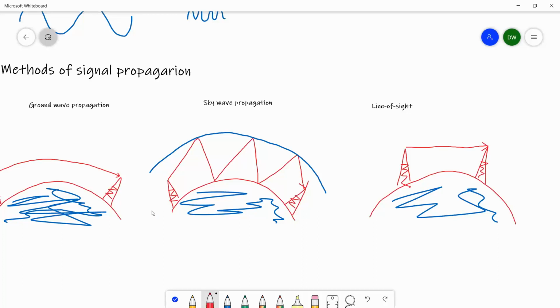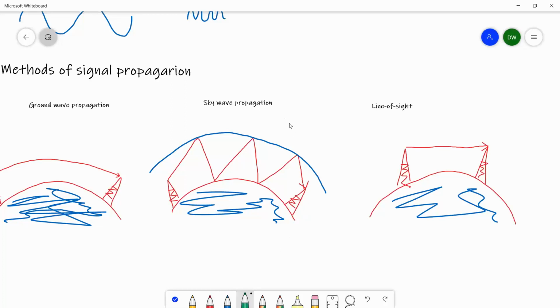a signal will propagate. Another thing is also there for this sky wave propagation. Sometimes the antenna which you have in this place can be reached through a satellite.